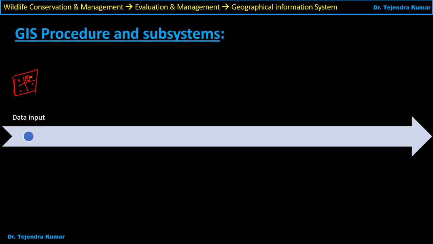Likewise, I am saying that here is a tree or tower, and here is the water body. Here are the trails or pathways. So this is one picture area.